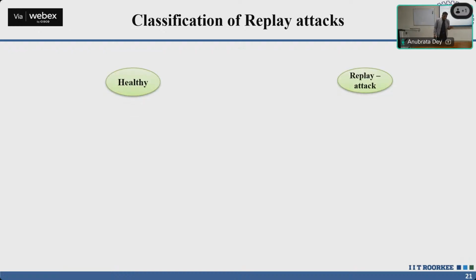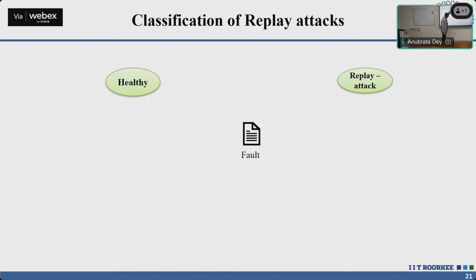Now for replay attacks, obviously you need to have some data, and you have to differentiate it into some classes. So we have considered two classes, one is, let's say, the X class, another is the Y class. The Y class contains your replay attack. And normal operations all come under the healthy part.